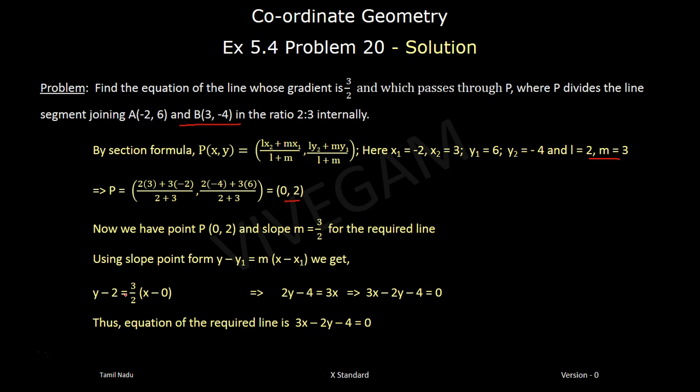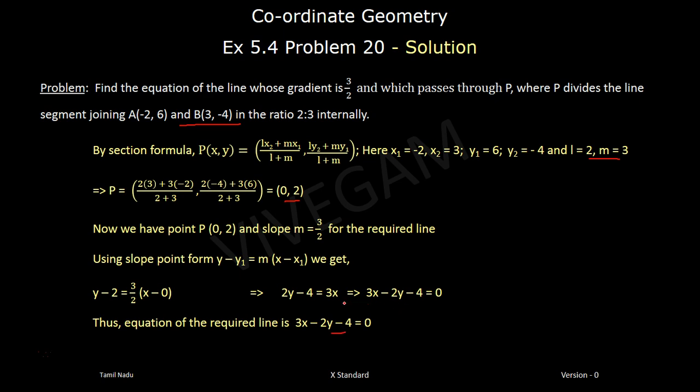So it will become 2y minus 4 equals 3x minus 3 into 0, which is 0. So 2y minus 4 equals 3x, or bring everything to one side, it will become 3x minus 2y minus 4 equal to 0, right? The equation is 3x minus 2y minus 4 equal to 0.